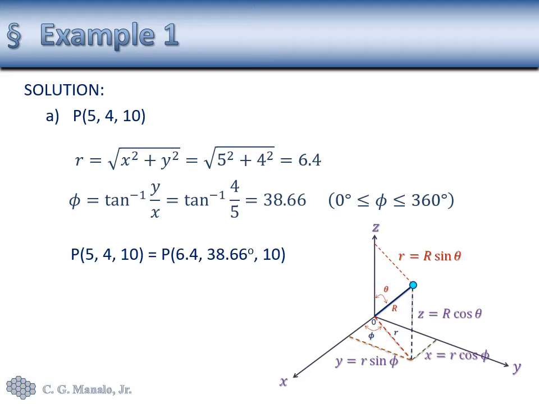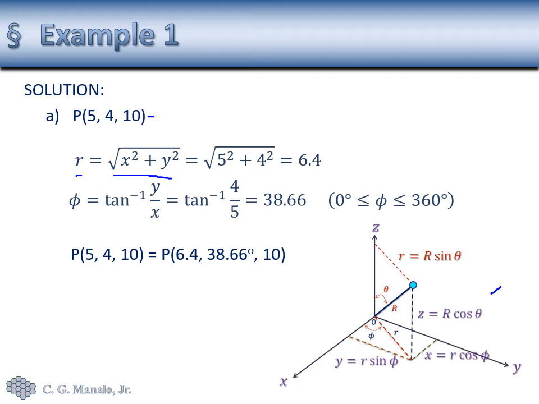So to transform this point in Cartesian to cylindrical, I will just use this graphical illustration. Based on this illustration, the radial distance r can be found using the Pythagorean theorem, or the Pythagorean formula.